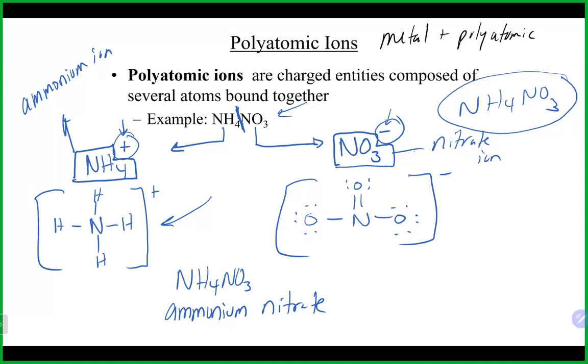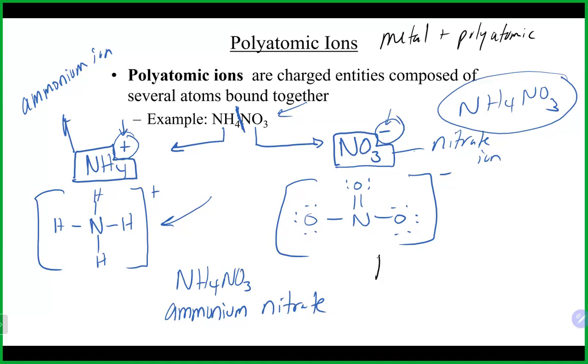And what that means is whenever a metal's involved, the one thing that we need to figure out is, do we need a Roman numeral or not? So a lot of times when you're doing polyatomic ion naming, you go back to type 1 or type 2 naming, where you look at the metal and decide, do you need a Roman numeral or not? And you put it together.